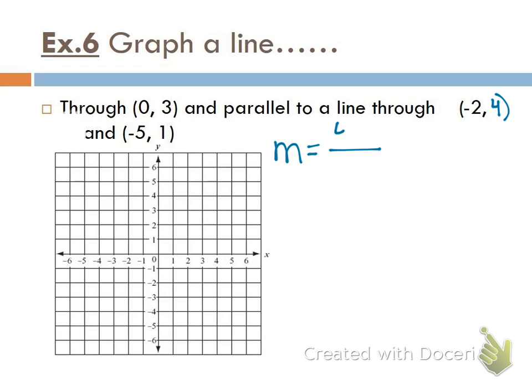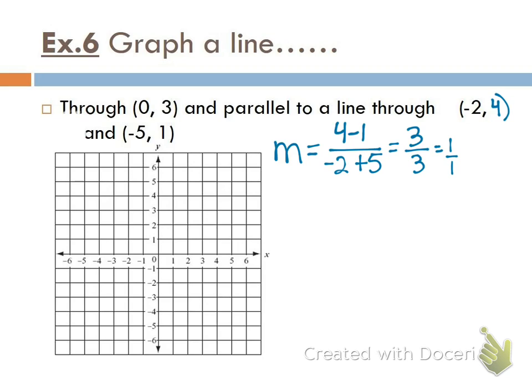Take a y minus a y. 4 minus 1. And then in my denominator, I would have -2 minus -5, or you can just write -2 plus 5. 4 minus 1 is 3. -2 plus 5 is also 3, so our slope is 1. If you want to write it as 1 over 1, that's fine.